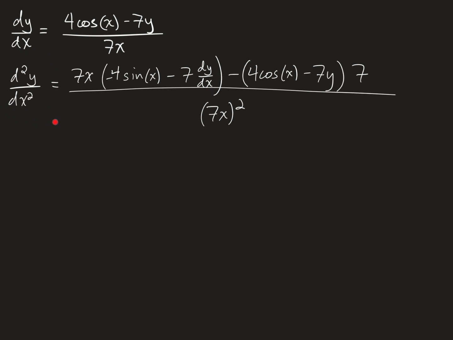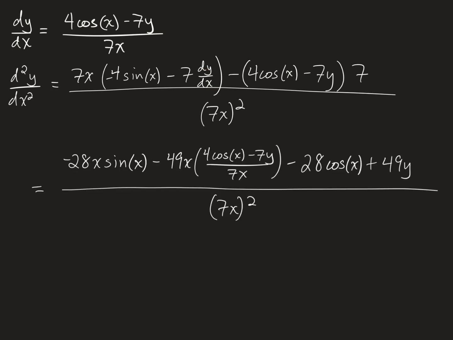From here, I'm just going to clean this up a little bit and also substitute this in for the derivative. Again, we cannot express the second derivative in terms of the first. We need x's and y's, so this will also get substituted here. There's the cleanup. I distributed 7x here and here. I substituted this in for dy dx, and I distributed a negative 7 here and here.